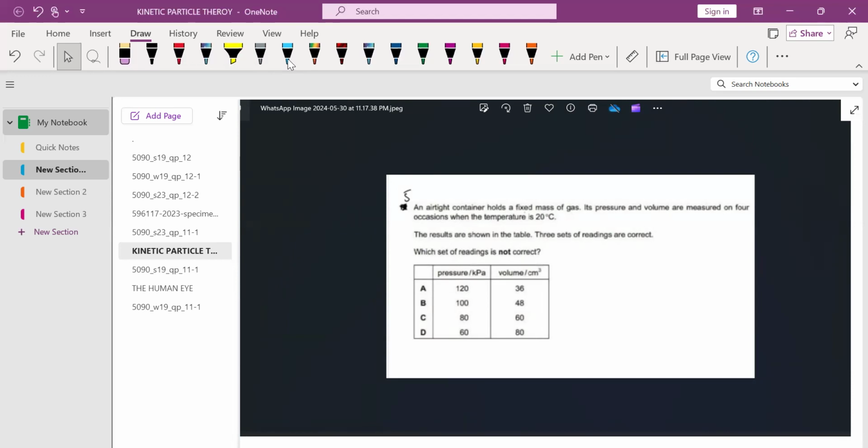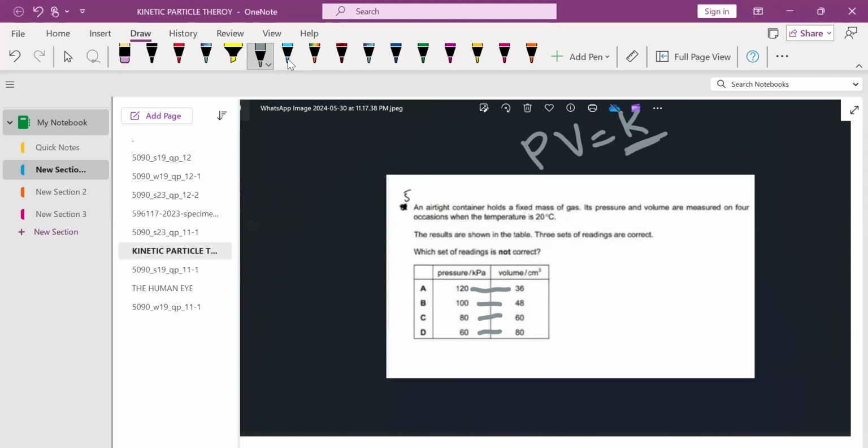Three sets are correct and one of them isn't correct. So for this, what you have to do is to use the formula PV equals K, or P1 V1 equals K, and K is the constant. So you need to multiply the pressure by the volume. The answer where the constant K is different is not correct.